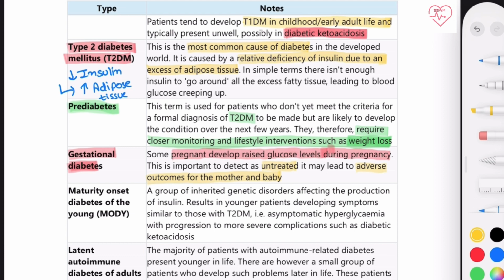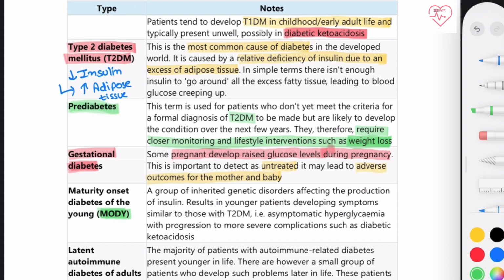Now we'll be discussing MODY, maturity onset diabetes of the young. M for maturity onset diabetes in the young. A group of inherited genetic disorders affecting the production of insulin.